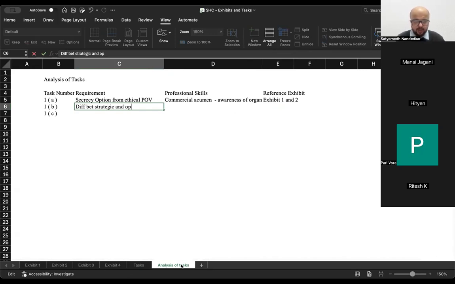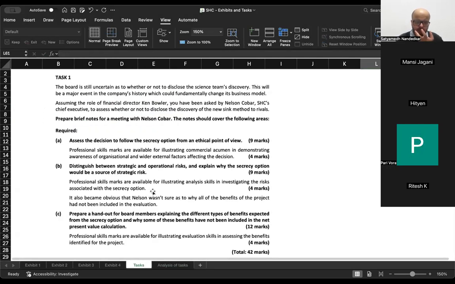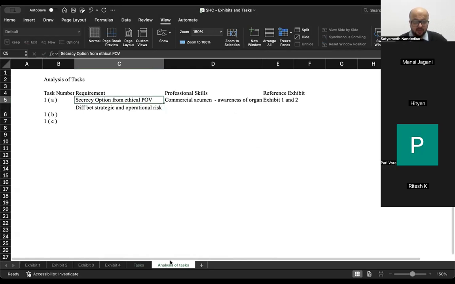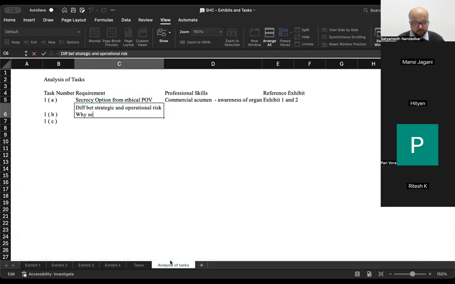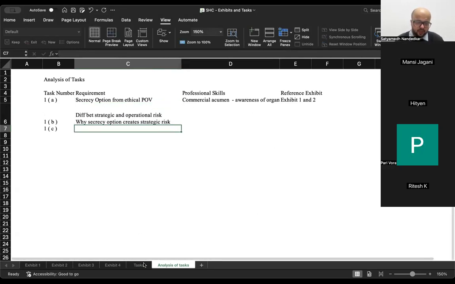Second part: why secrecy option gives strategic risk? Why secrecy option creates strategic risk? Okay.